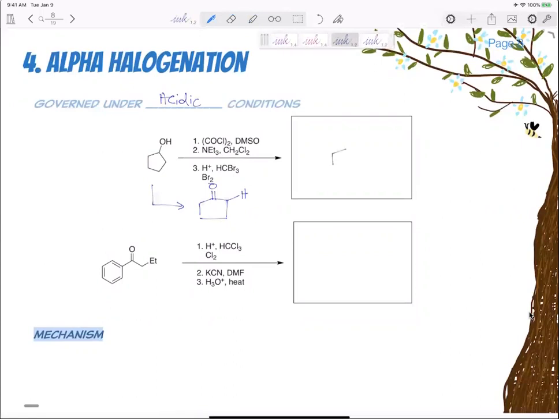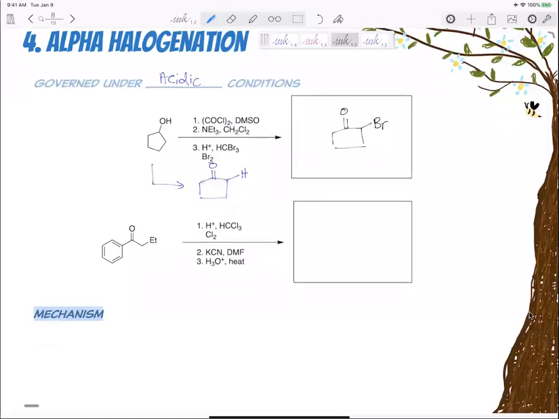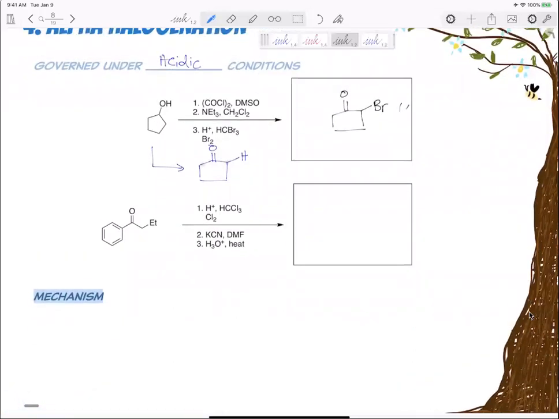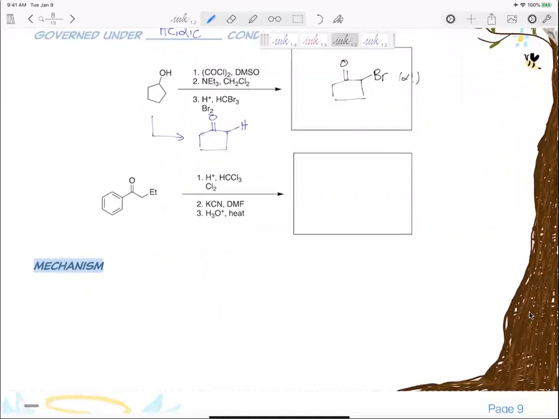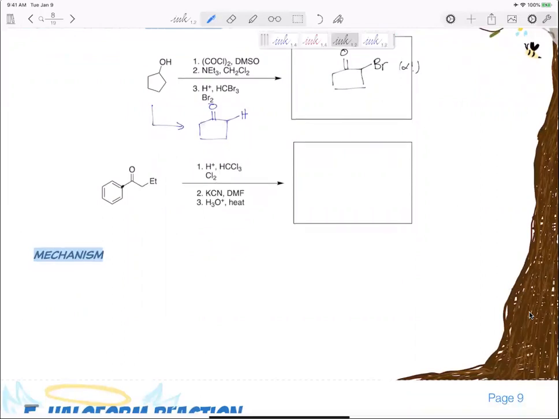Your halogen better be in the alpha position. Okay, alpha. Same thing for the bottom one. Well, this here is already substituted, so you can't go there. So this leaves only here to be the alpha hydrogen or the alpha carbon.